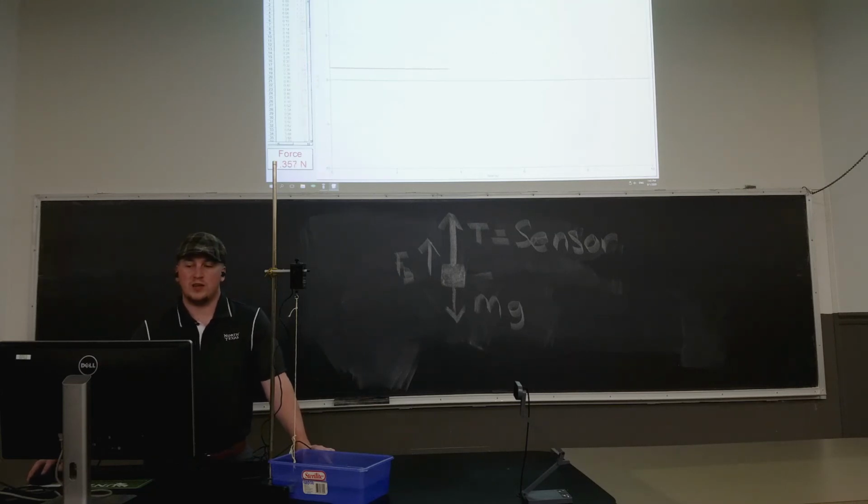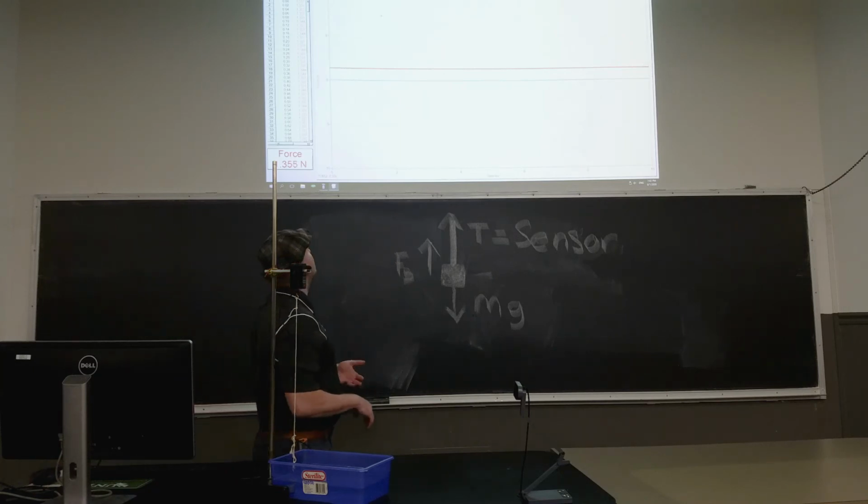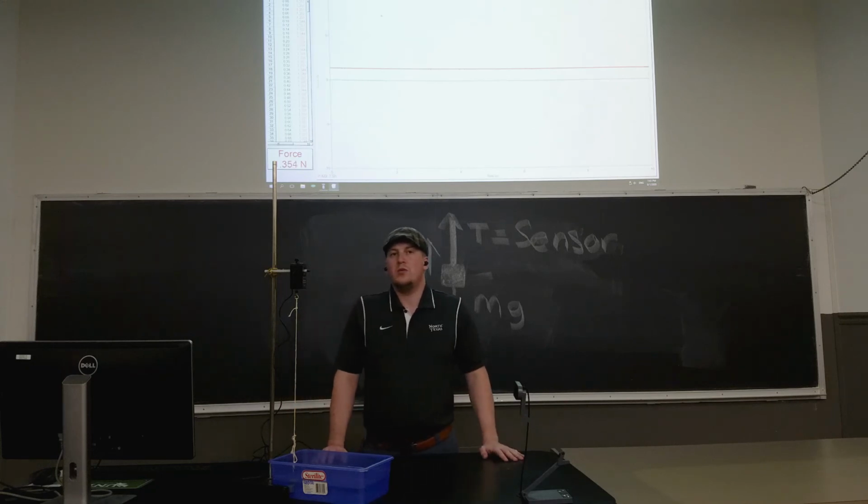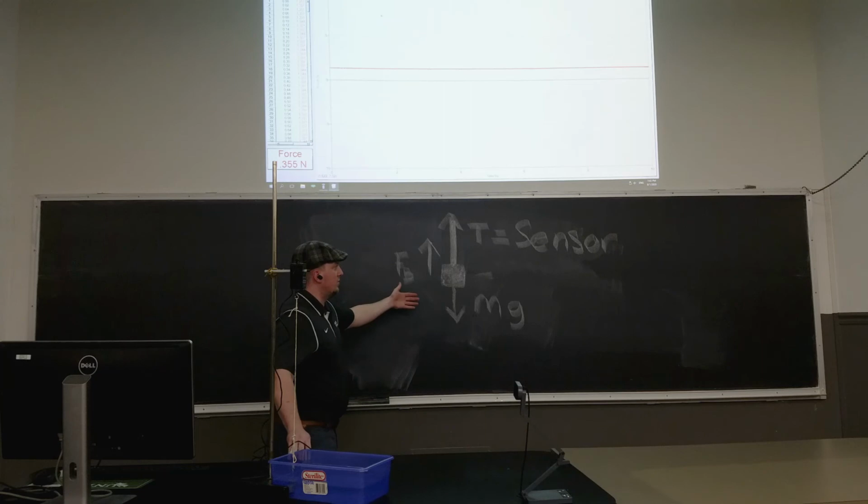And we see that this collection is now 1.35. So we have 1.35 instead of 1.5. We reduced it by about 0.2 newtons, which is all coming from how we see it with this Bernoulli's principle.